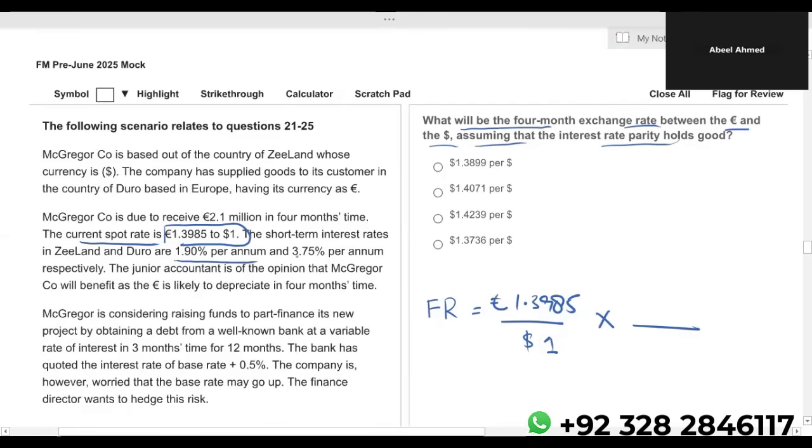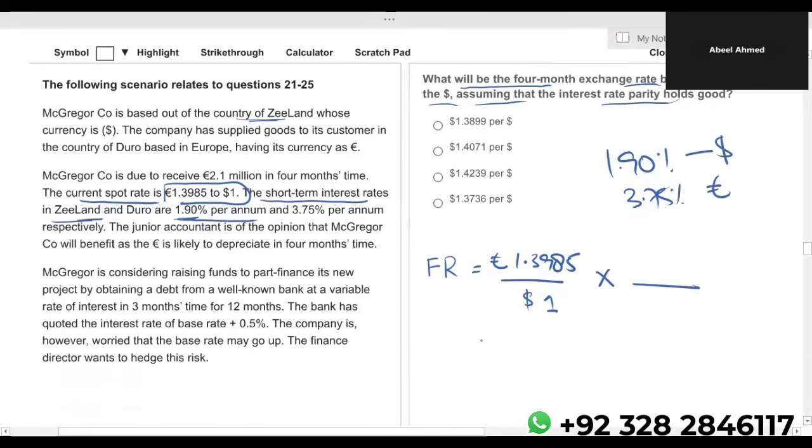The short-term interest rates in Zealand and the euro area are 1.9% and 3.75% per annum. Mac George is based in the country of Zealand. So 1.90% is representing the dollars and 3.75% is representing the euros. But these rates are per annum. We have to convert them into 4 months. So it's very simple.